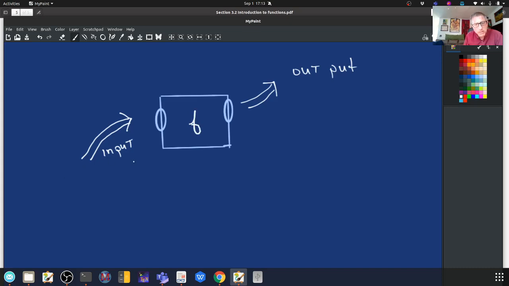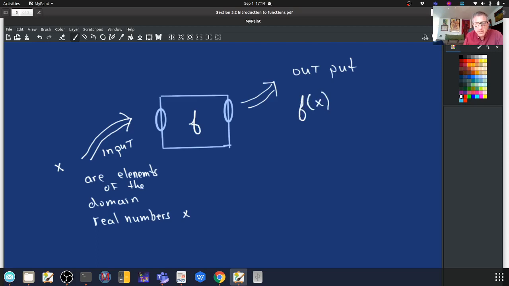Well, what are the inputs? The inputs are elements of the domain. And those are always going to be real numbers x. So x is the input. The output is going to be a value of x that is transformed by the rule of the function.